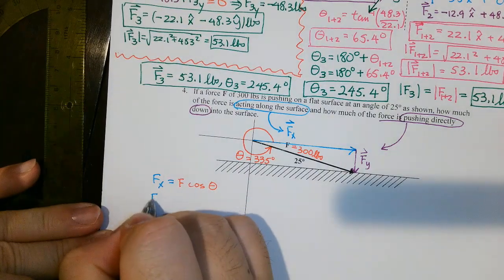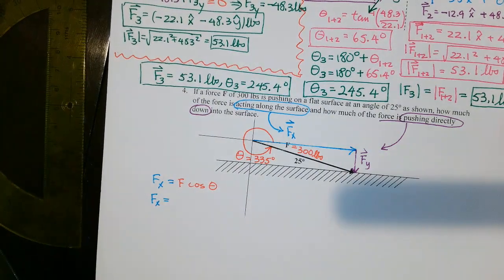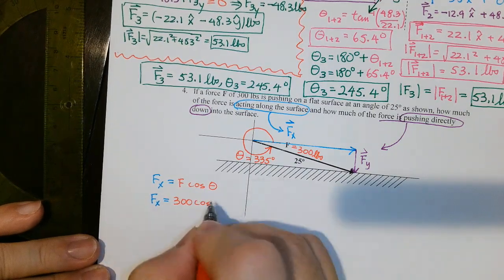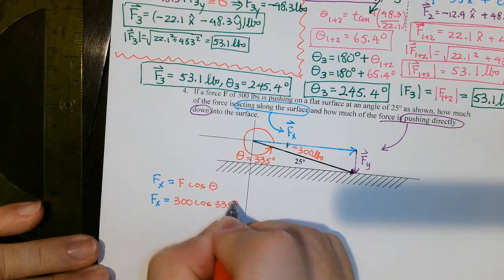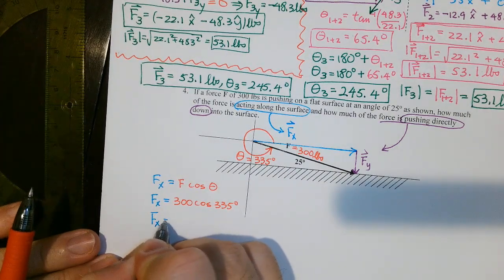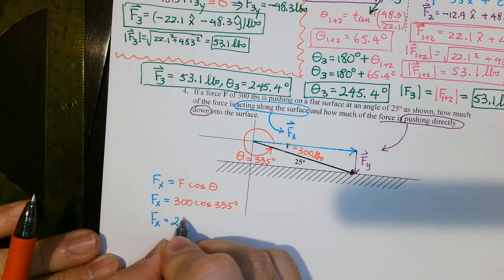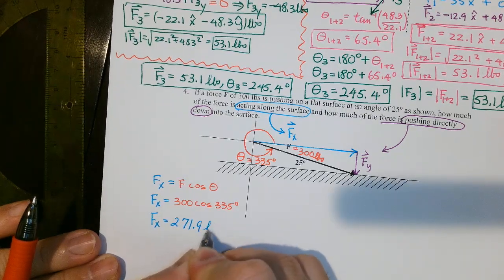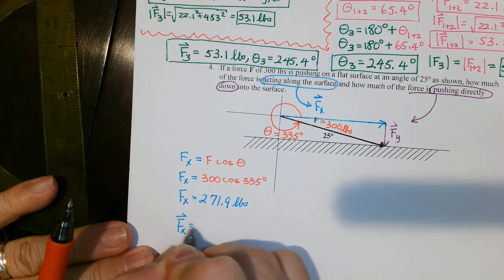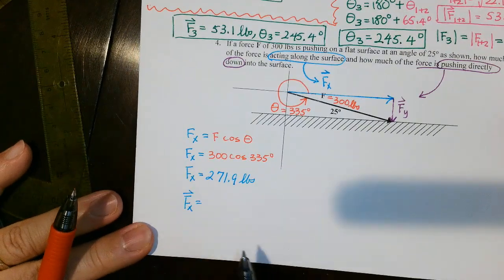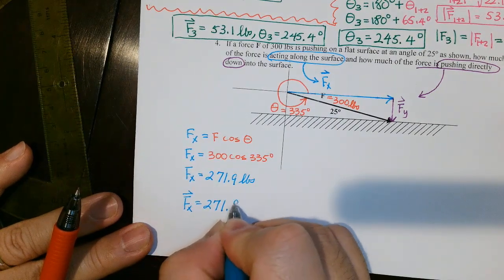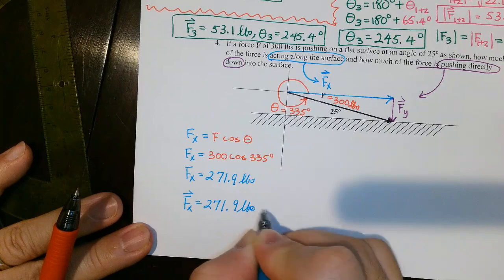Therefore, your Fx is equal to 300 times cosine of 335. So your Fx comes out to 271.9 pounds. So your Fx vector, your component vector, will be 271.9 pounds x hat.